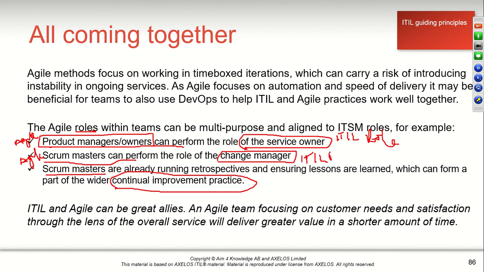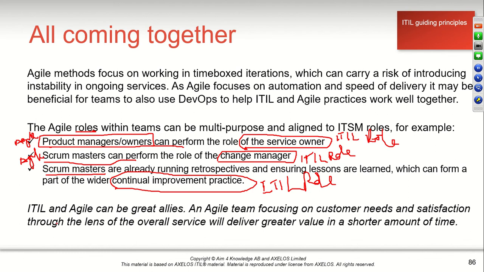So this is also an ITIL role, okay? And this one too is part of what you have in ITIL. That's the continual improvement practice. So this aligns the Agile roles to ITSM roles. Okay? So ITIL and Agile can be great allies.